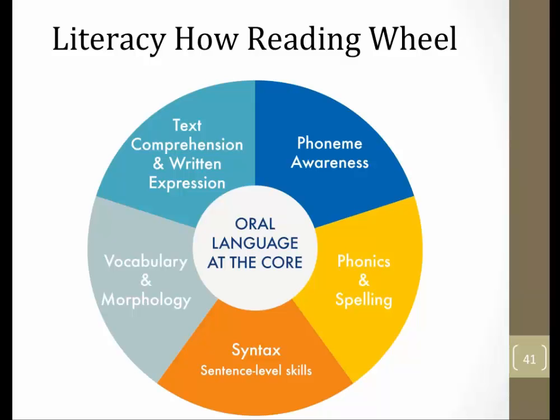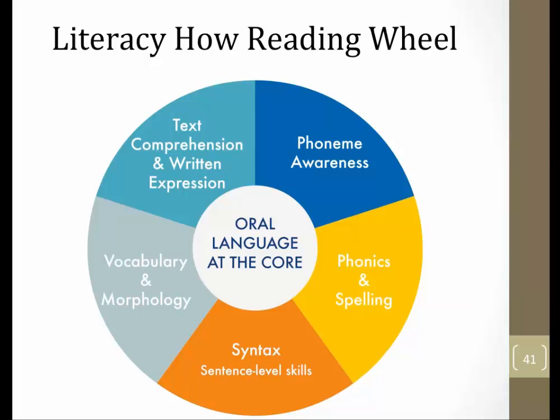As we looked at the findings from that report, the folks that worked at Haskins Laboratories with me prior to founding Literacy How were struck by the fact that there were some important missing components of reading and literacy.